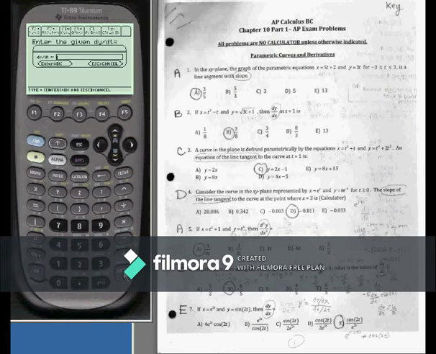And then they give you dy dt, which is 3, and they give you an x value of 2.